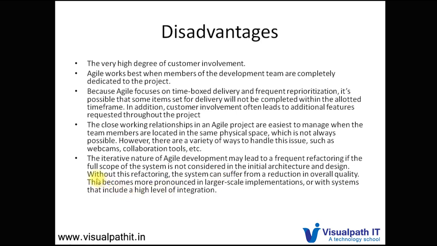Before that, I will read this out. The iterative nature of agile development may lead to frequent refactoring if the full scope of the system is not considered in the initial architecture and design. What happens is that in the starting we are not given all the requirements, but we are aware of only some.